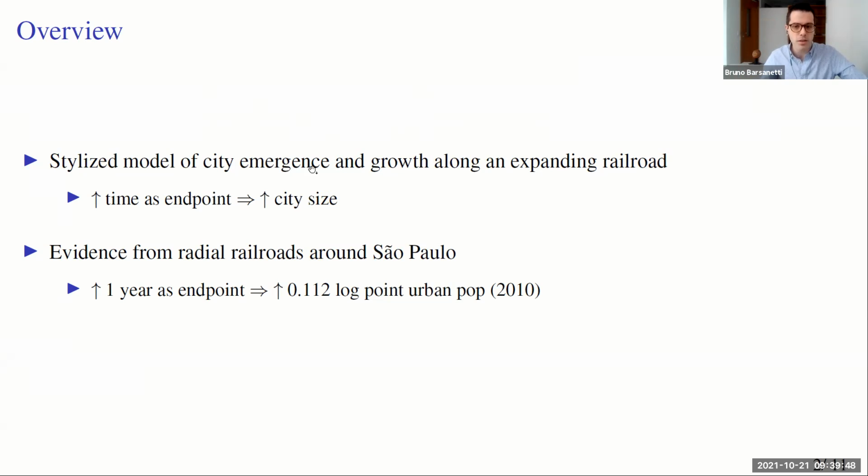And the main prediction of the model is that if a site, a town, spends more time as a railroad endpoint, this town will become persistently larger.